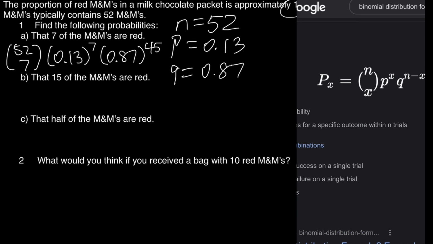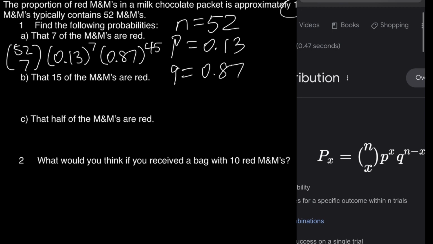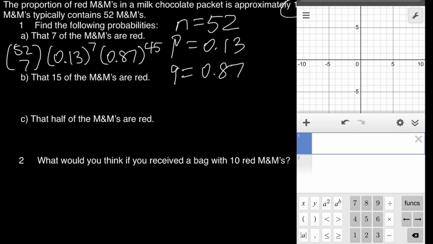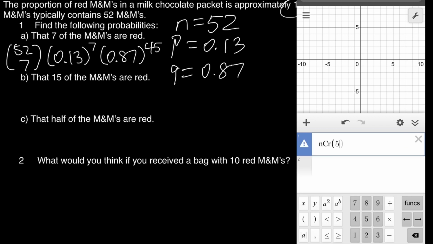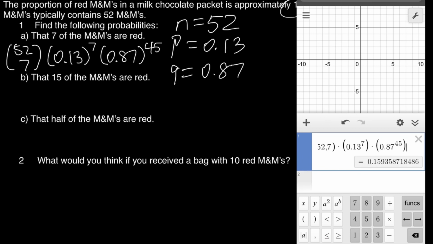And we can just punch that into the calculator right here. Decimals is pretty easy to use. And we get the answer to be approximately 0.159.